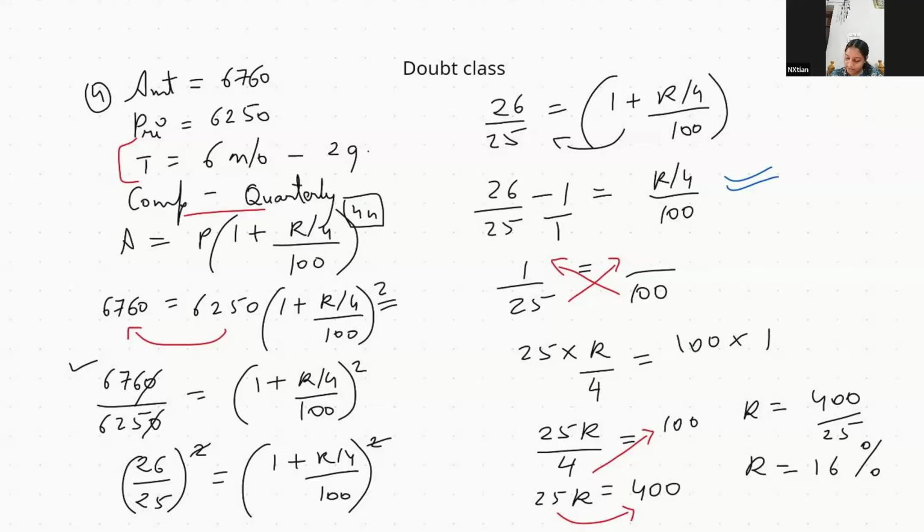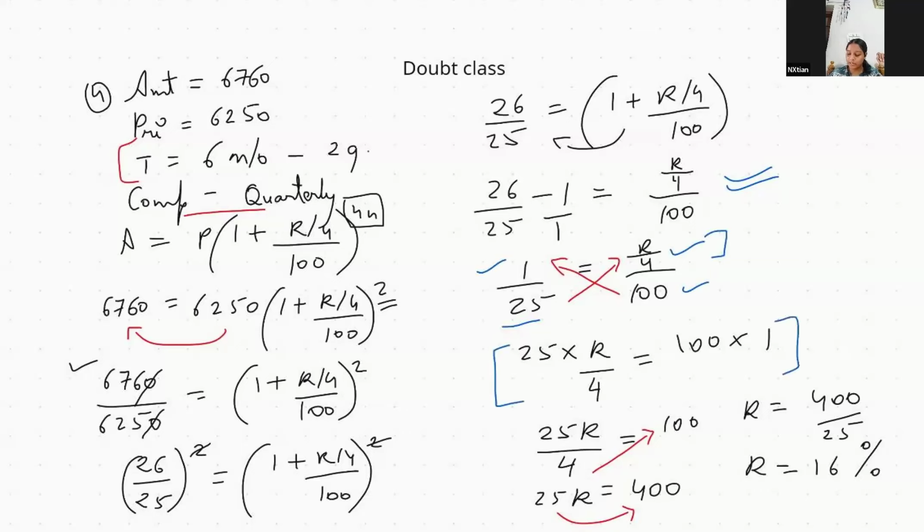Suppose I have r upon 4 here and r upon 4 here. Cross multiplication means you multiply this thing with this thing and this thing with this thing. So 25 into r by 4, everything, and then 100 into 1.